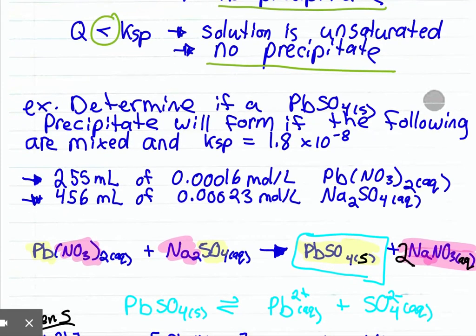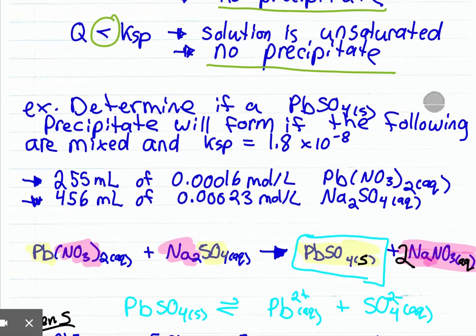So the dynamic equilibrium that we're looking for is right here. We do not need any information about the solid because we don't include the solid in our calculation. We need to know how much lead and how much sulfate ion we're going to have in our solution.